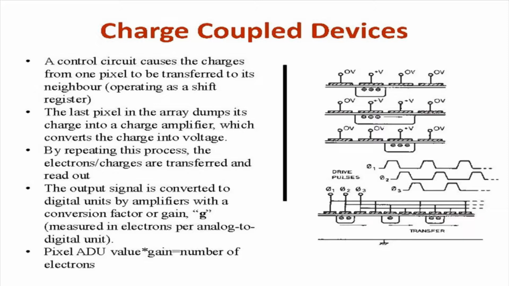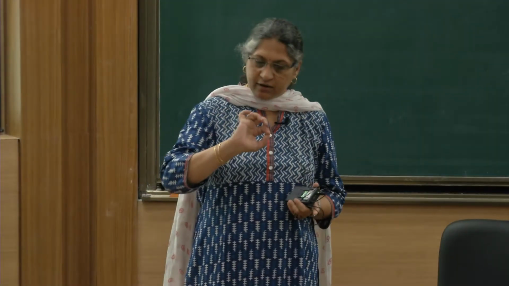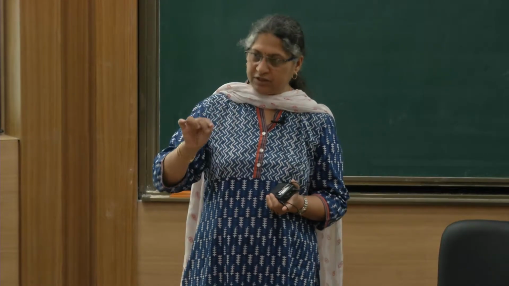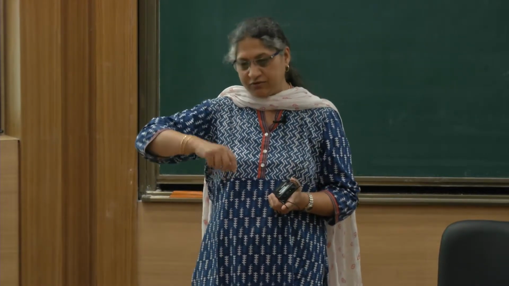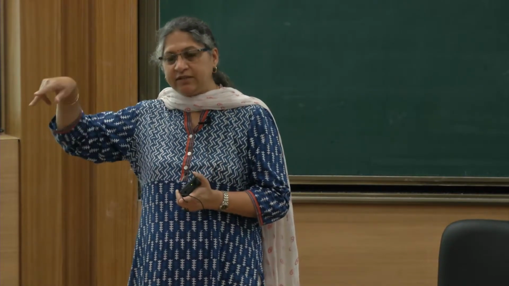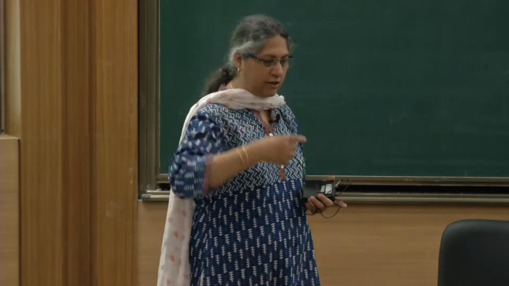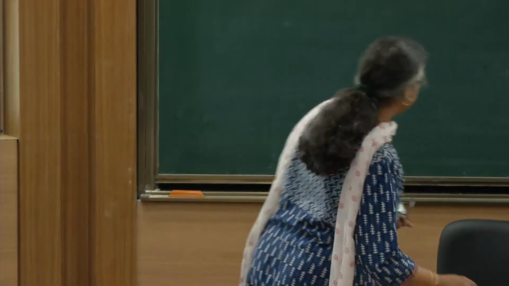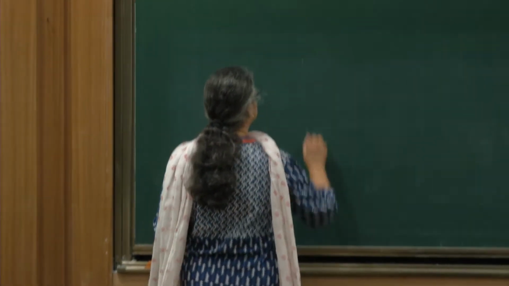So this is done by a clocking sequence where the adjacent pixel, you make that more positive, so the electrons move from where they are collected to the more positive region. So you keep doing it sequentially. Okay. So the CCD is a two-dimensional detector, so you have these rows and columns.